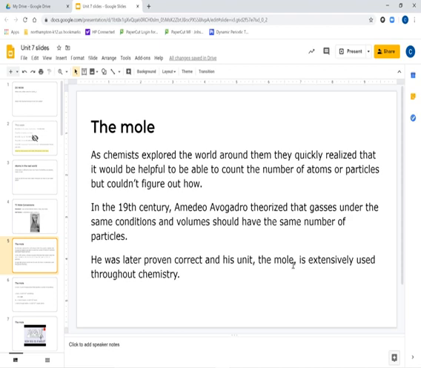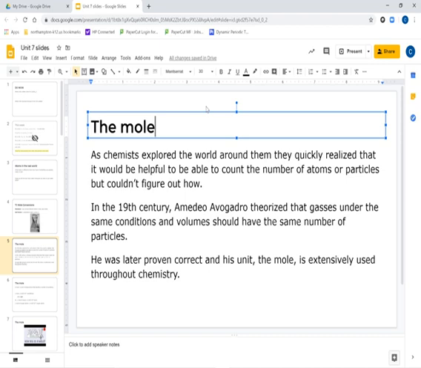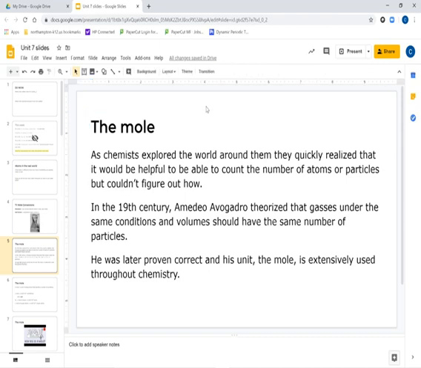Now we use it all the time for basically any measurement any chemist ever makes. It revolves around the mole because it takes our numbers on the atomic and molecular scale and moves them into the macro scale, something you can touch and hold that is more life-size for us as humans.